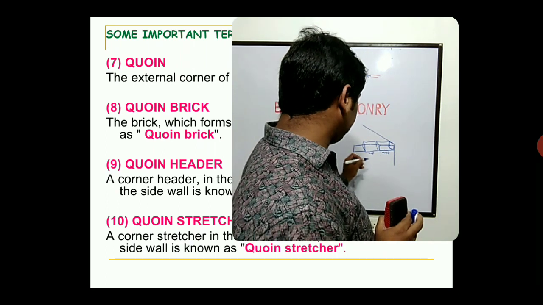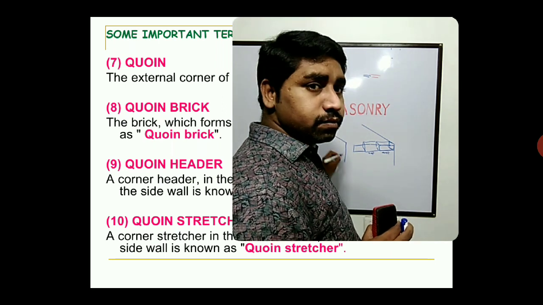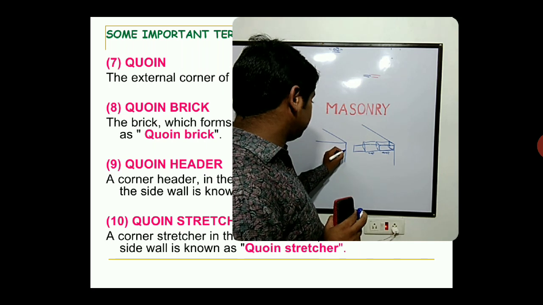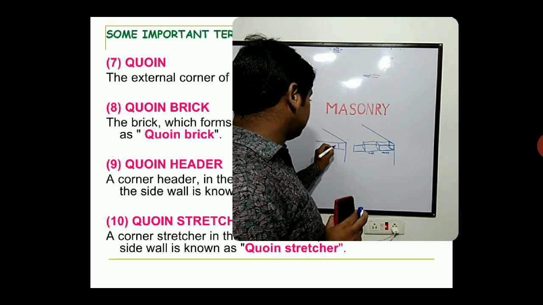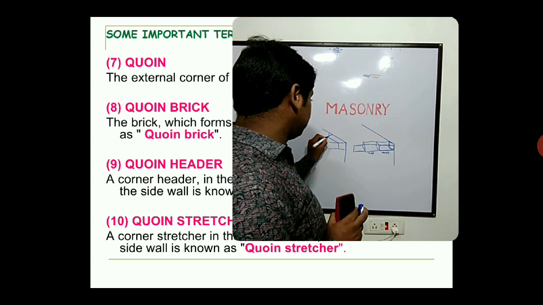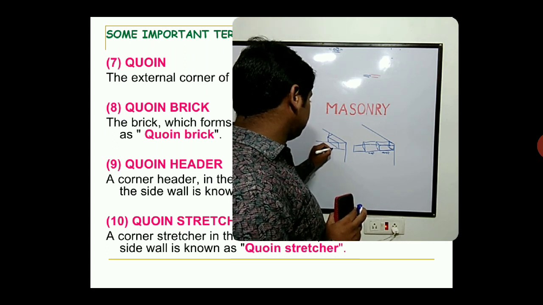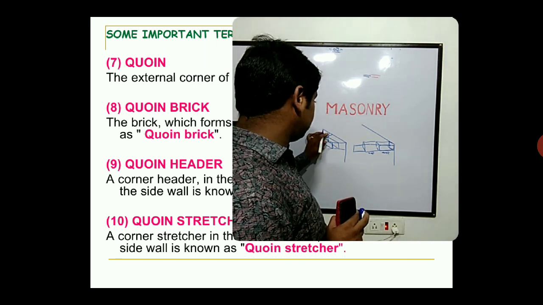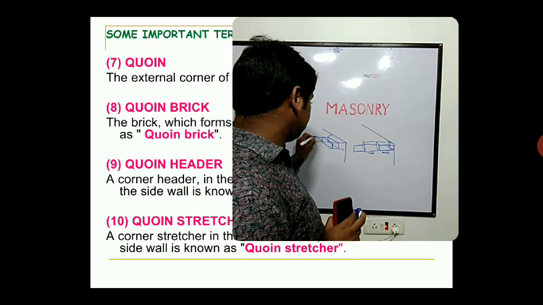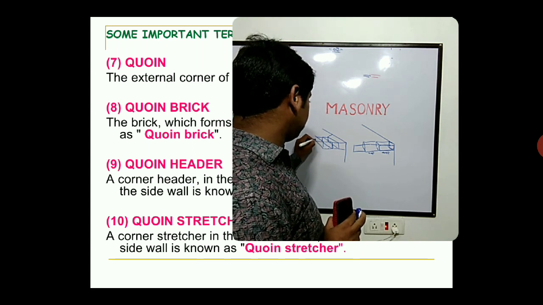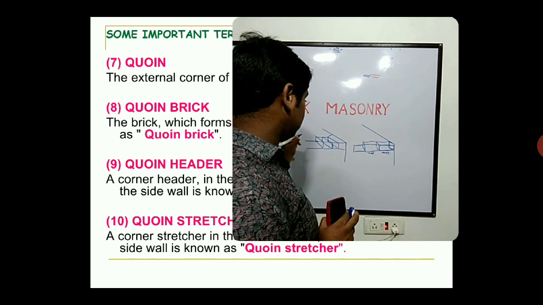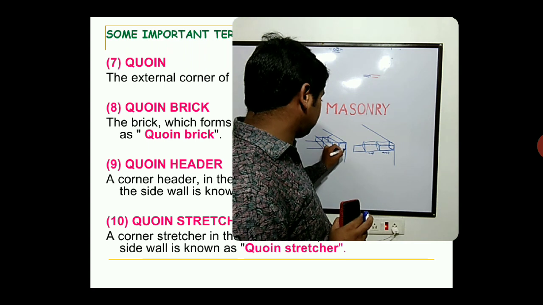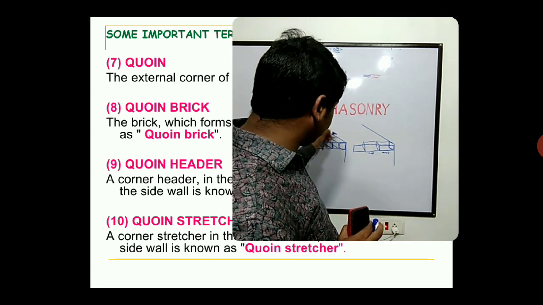The second type is this: here it is a header on the face of the wall, but on the other side it is a stretcher.